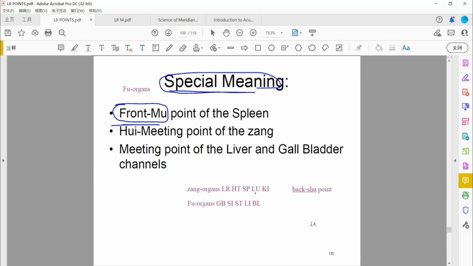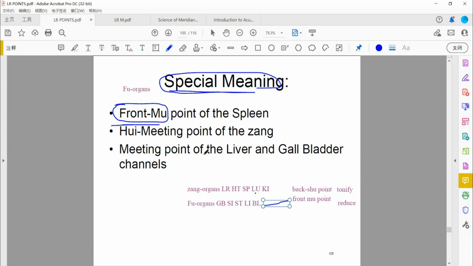Back-Shu, tonify. And Front-Mu, reduce. Reducing. Okay, so Front-Mu.